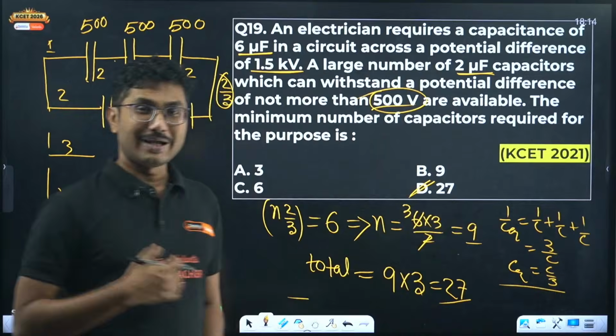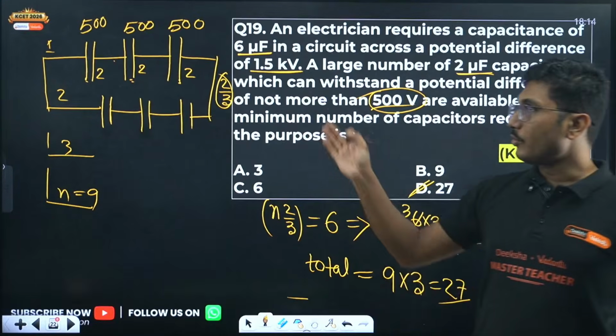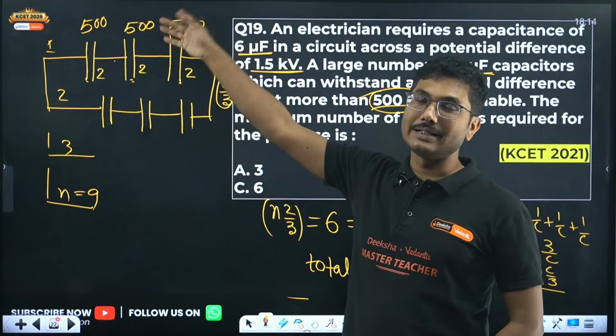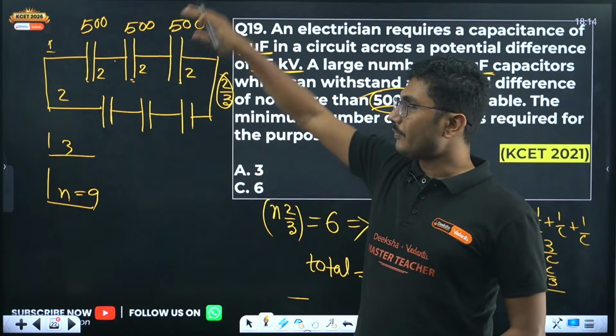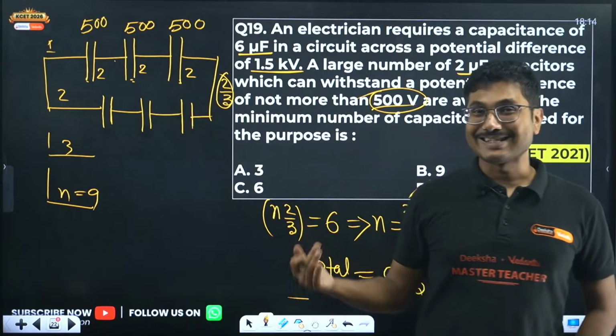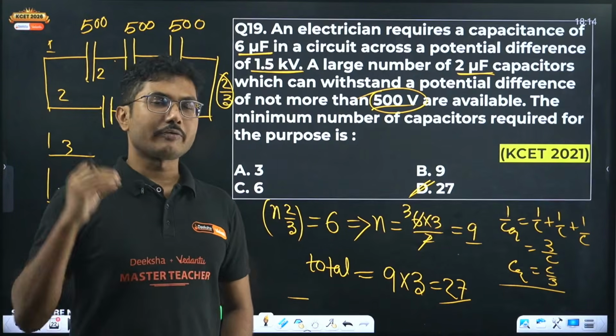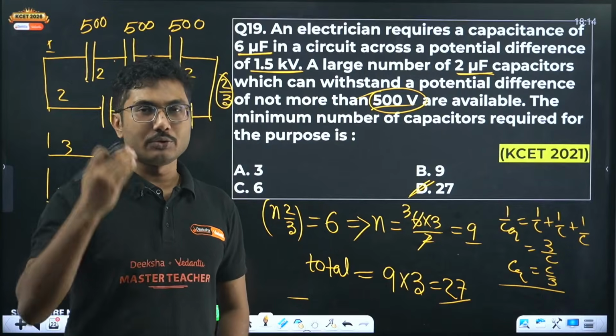If equal value capacitors are connected in series, the equivalent capacitance is C divided by N. If N such capacitors are connected in parallel, the equivalent capacitance is N into C. These are the formula shortcuts that you need to know.